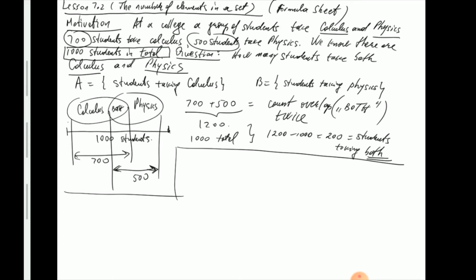Let's write a notation for the number of elements in a set. Using the notation we have in the homework, n of A, again, there are various notations in various books, but if A is a set, n of A denotes the number of elements in the set A. So in this case, for example, n of A will be 700, and n of B is going to be 500.